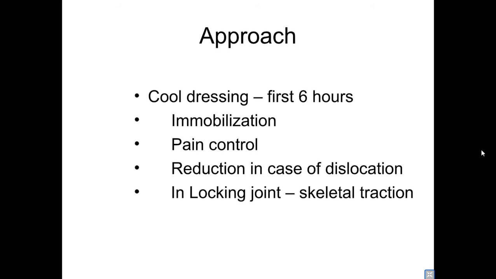We have to apply gentle external traction. Usually the joint is locked in slight or moderate flexion. We have to extend the knee gently, without pain, without forceful maneuvers, but we usually apply skeletal traction.